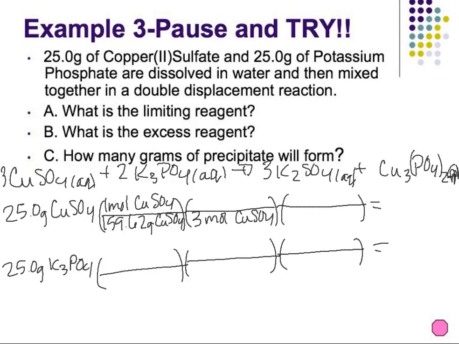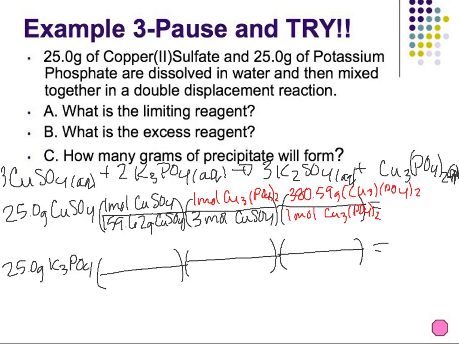into moles of precipitate, which is 1 mole Cu3(PO4)2. Last parentheses, 1 mole Cu3(PO4)2 gives us 380.59 grams Cu3(PO4)2.